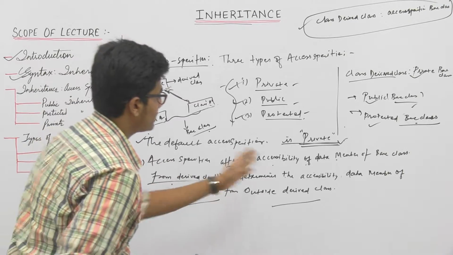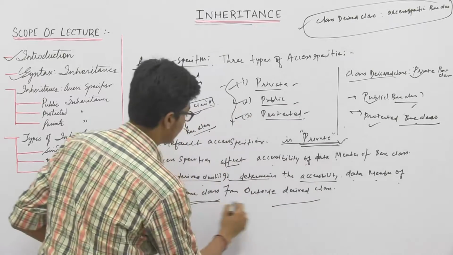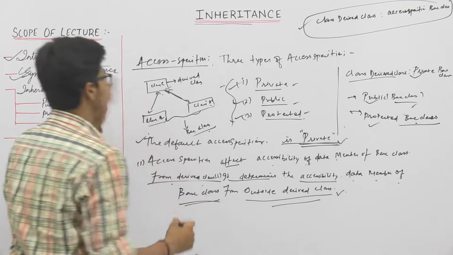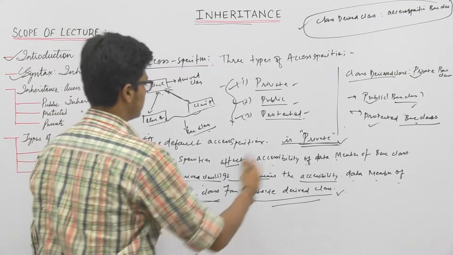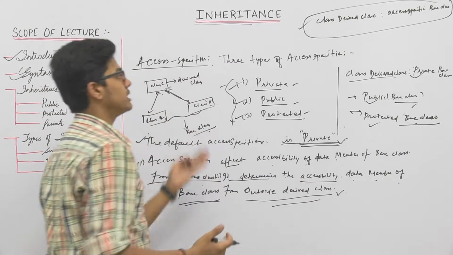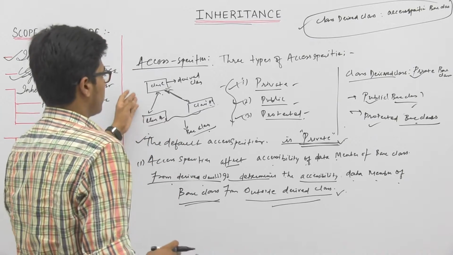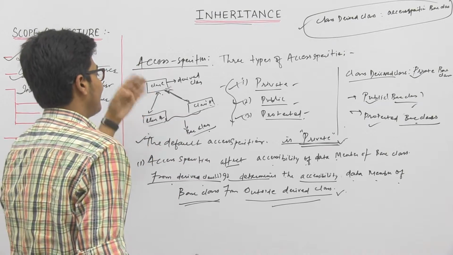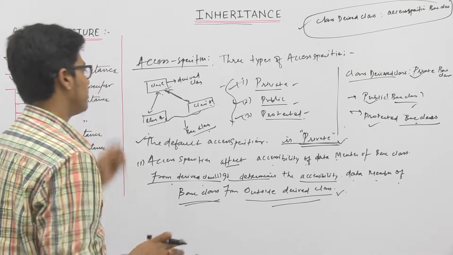Second point, it determines the accessibility of data members of the base class from outside the derived class. You can also change this in public, private and protected mode. Through a common block diagram you can understand how it affects the accessibility of data members from the base class to the derived class.